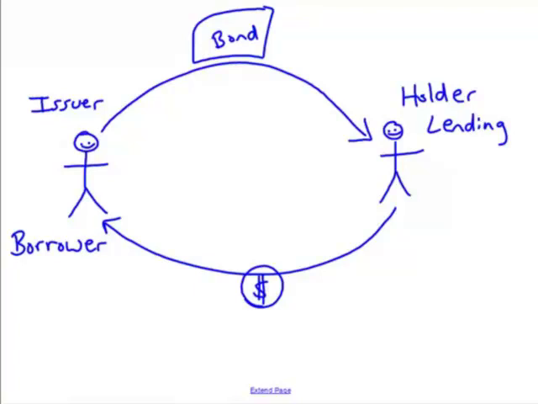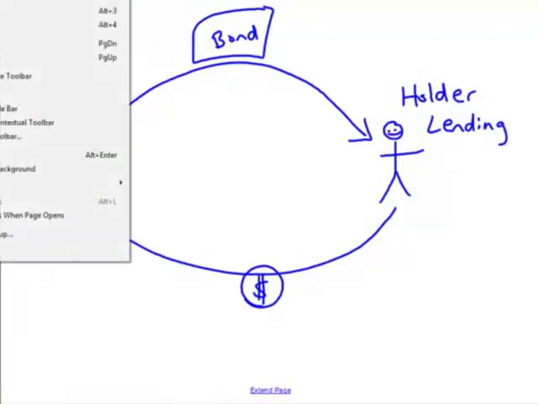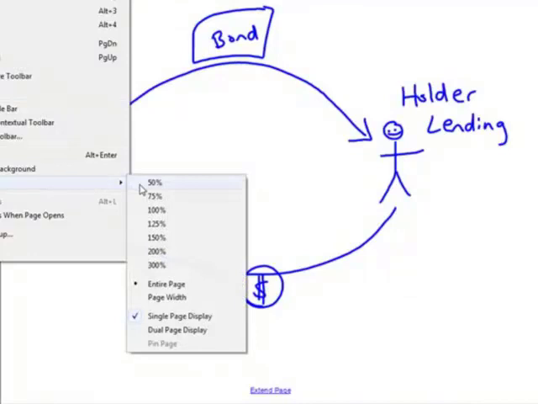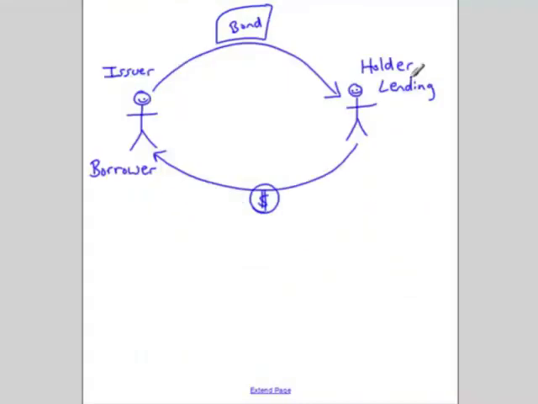Now we want to look at a few features of the bond. Let me do it this way so we can look at that picture to get an idea of what we're talking about. We need to look at the bond features such as the principal amount borrowed.